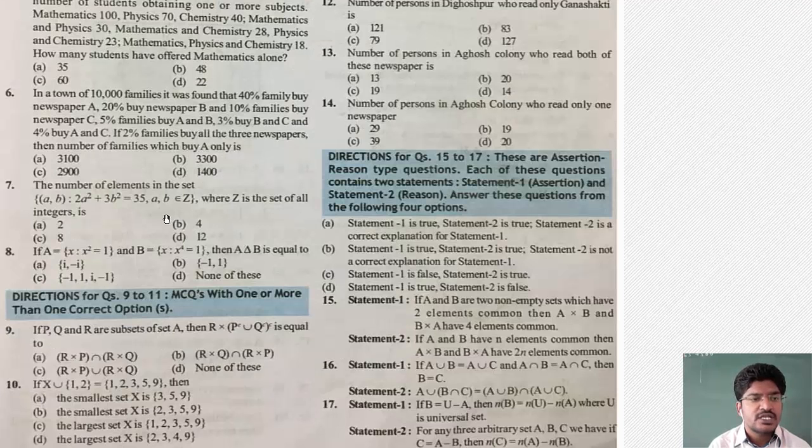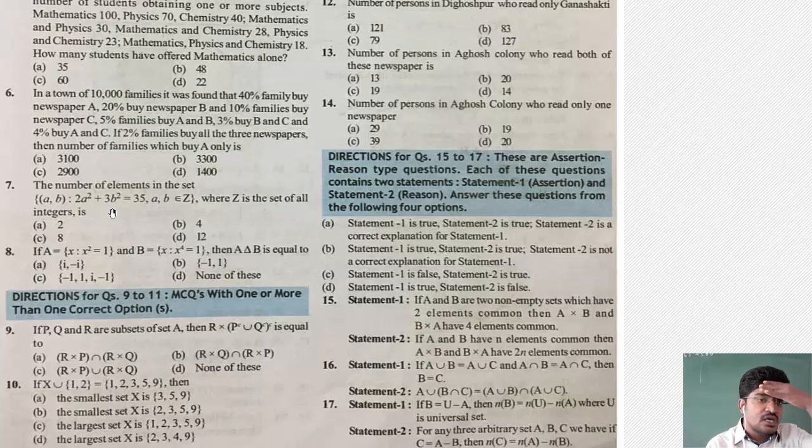Okay students, now let us go for question number 7. Clear? In question number 7, the number of elements in the set of ordered pairs A comma B such that 2A square plus 3B square equal to 35, where A comma B belongs to the integer set, where Z is the set of all integers.